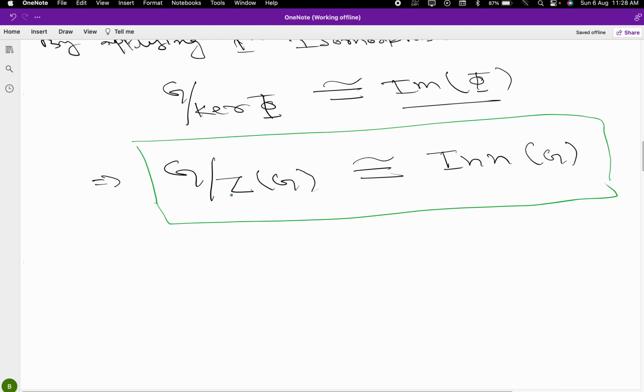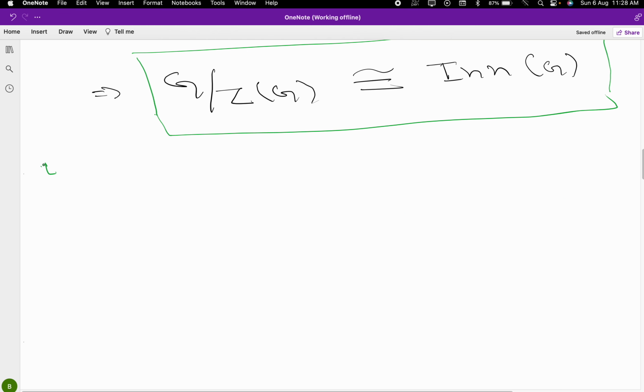Okay, so I am giving a little example over here. If I take the group Q8, so G is Q8, find the inner automorphism of Q8. It is as simple as that, just apply this.